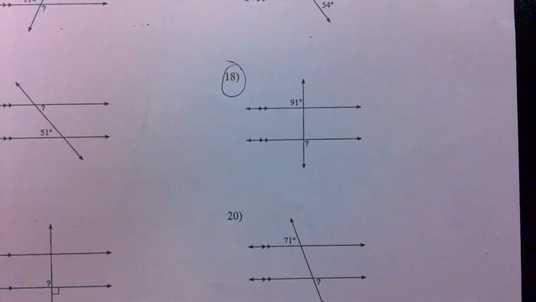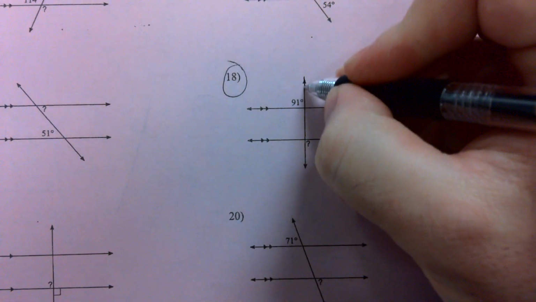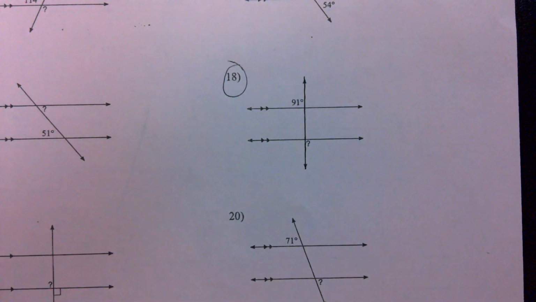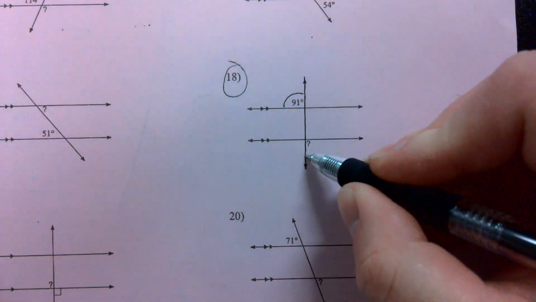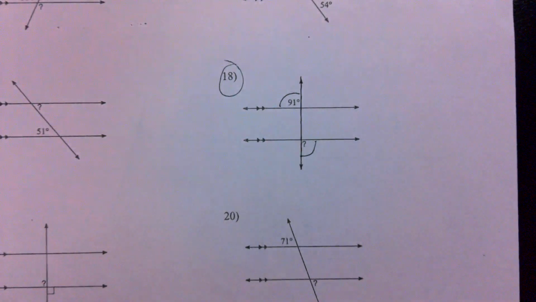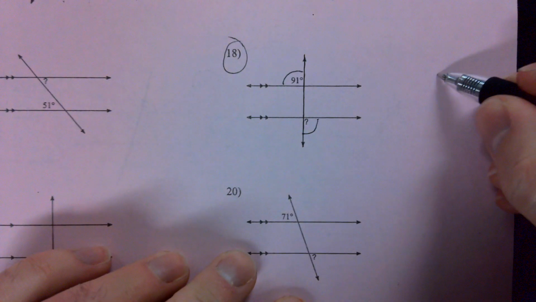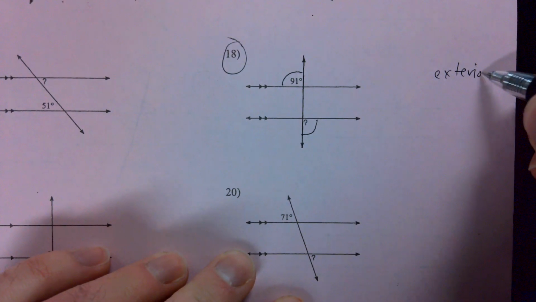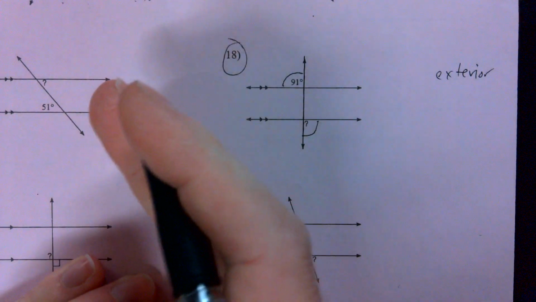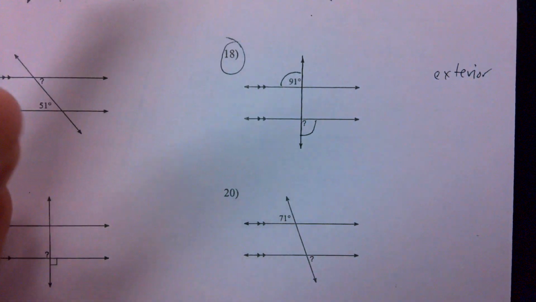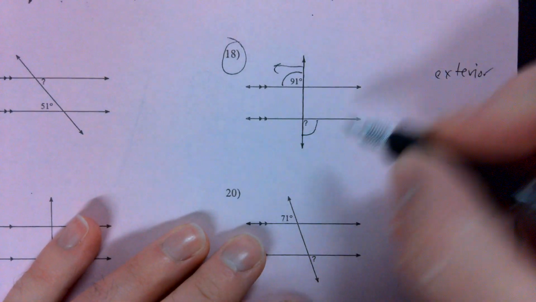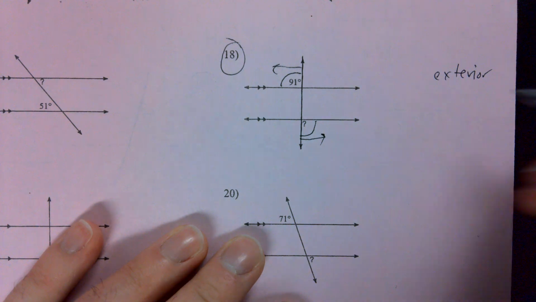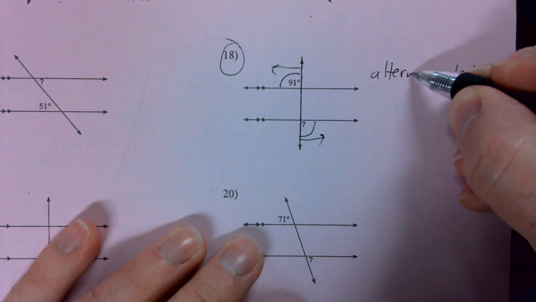Down to 18. Here's my transversal. 91 degrees, question mark. Are those interior or exterior? Exterior. Good. They're both on the outside. Are they on the same side of the transversal or alternate sides? Alternate. 91 is to the left. Question mark is to the right. They're on alternate sides.